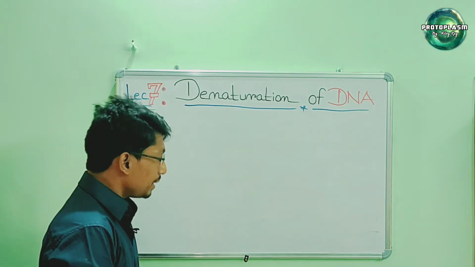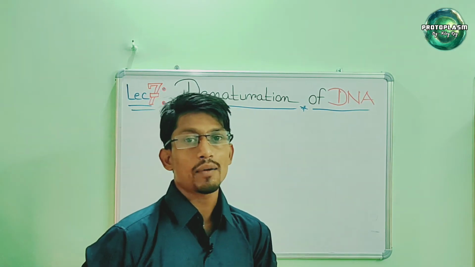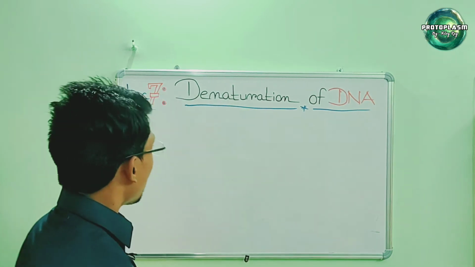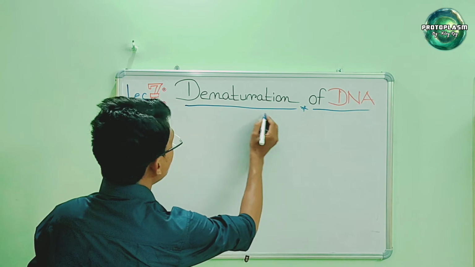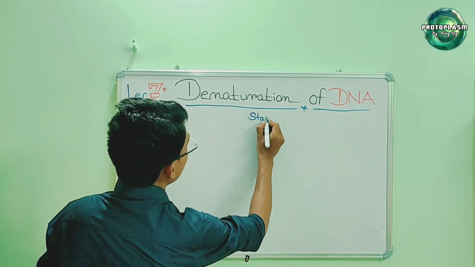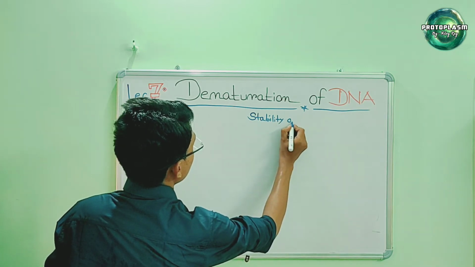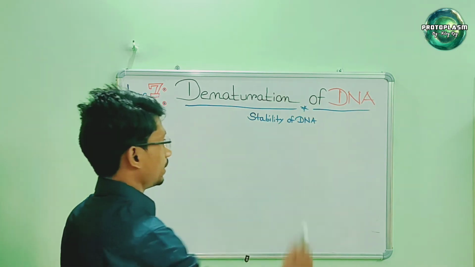Now if you remember, in the first two lectures we studied about the structure of nucleic acids and the structure of DNA, and from there we find that the stability of the DNA double helix is mainly dependent on two properties.